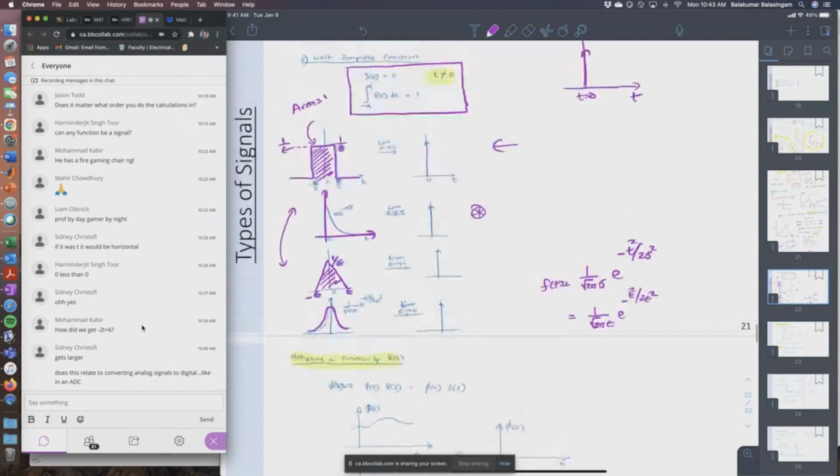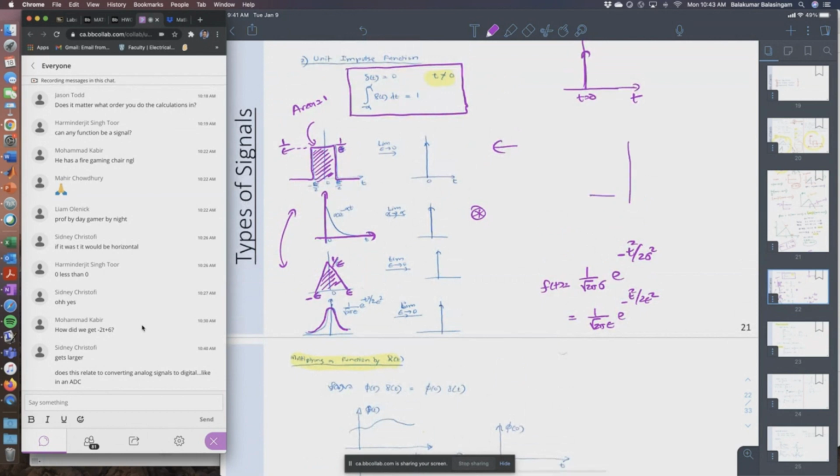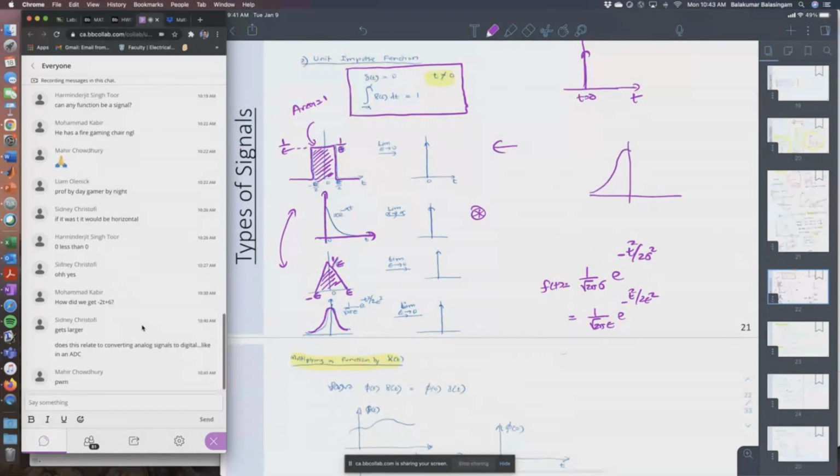So the Gaussian signal is a signal like this. A well-known feature of the Gaussian signal is that it is used to describe probability. It's called the bell curve. It has many names: Gaussian normal distribution, standard normal distribution.